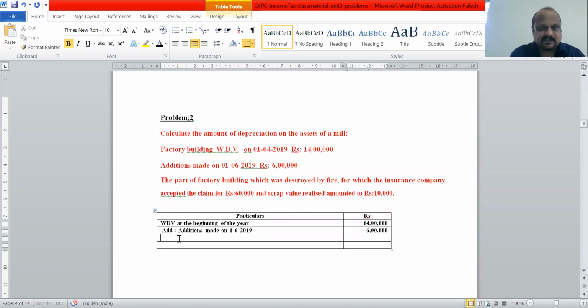And then you have to subtract, because a part of the asset was liquidated, in the sense it got destroyed, and that asset got converted into cash in the form of compensation. So how much do you have to subtract now?